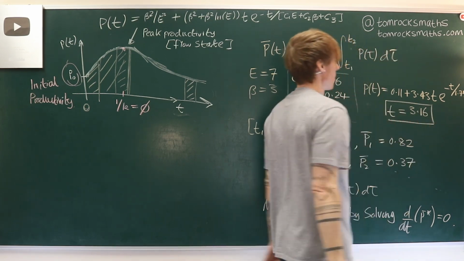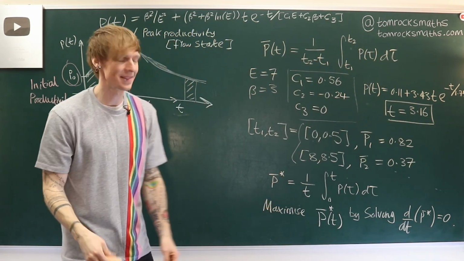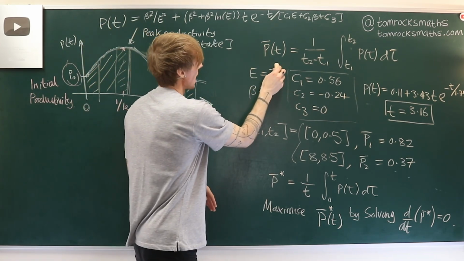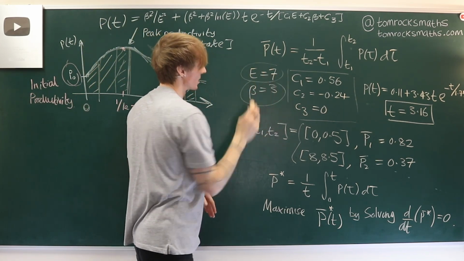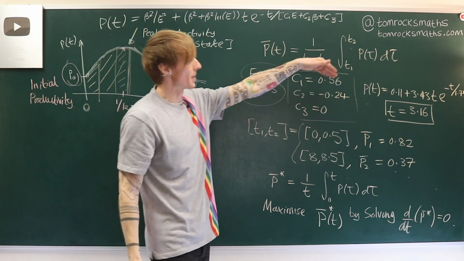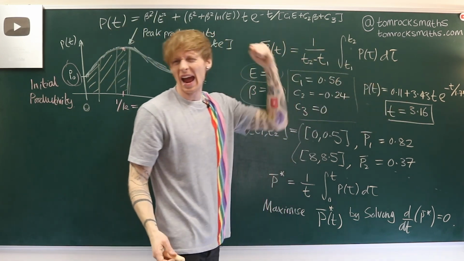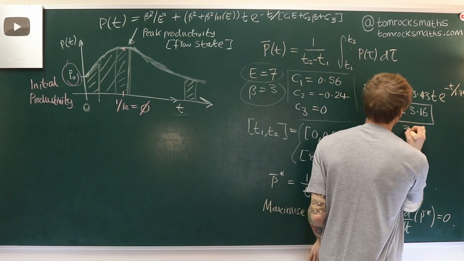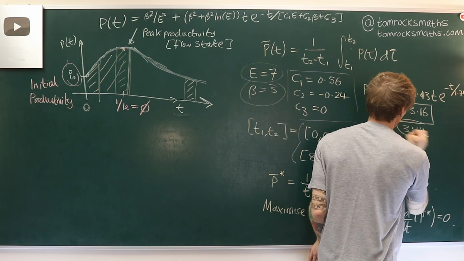Now, what that means practically is that for this particular task, where your effort is 7 and your enjoyability is 3, you want to spend 3.16 hours on that task, which is basically 3 hours and 10 minutes.